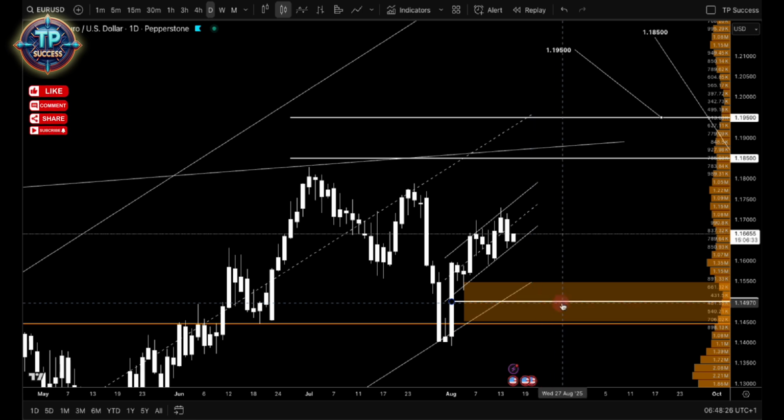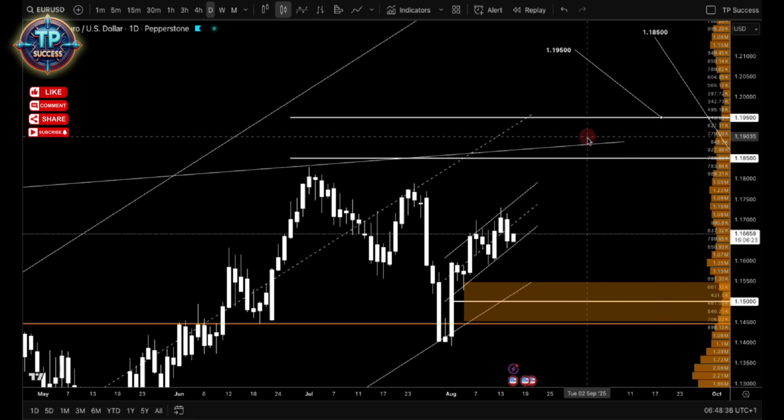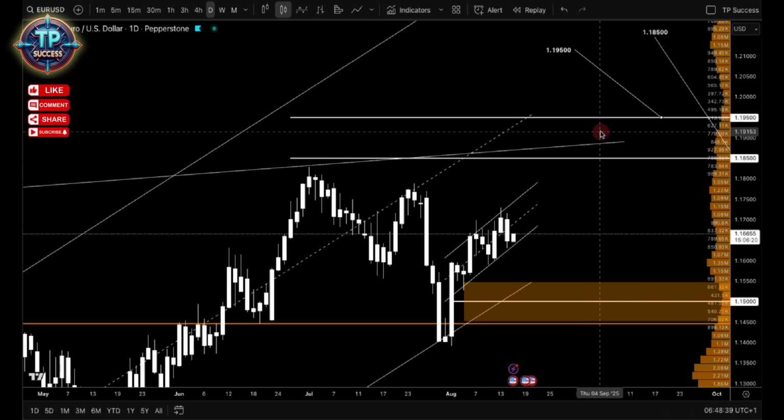Coming into this area, this is where I'm thinking of taking buys from. But at the same time, in this area up here, this is where I'm expecting price to reject from as well. So we could think about taking sells in this location.